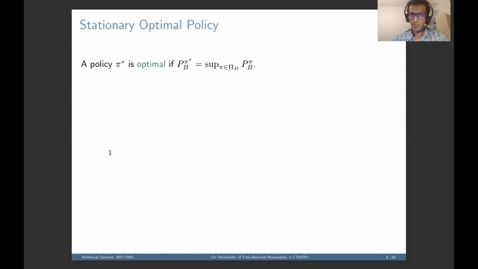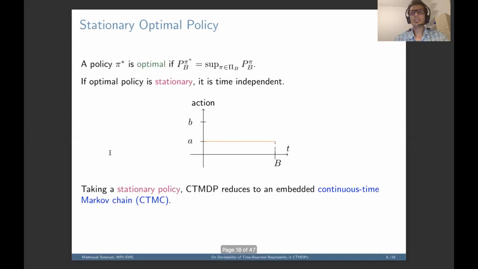This optimal policy can be stationary, meaning that it is time independent. This diagram shows one example of such a stationary policy. As you can see here, the policy is taking action A throughout the whole time interval between 0 and B.